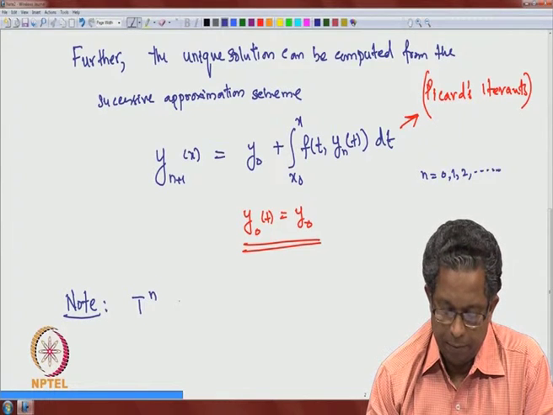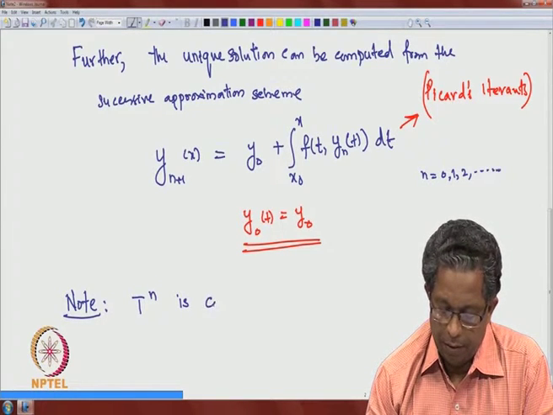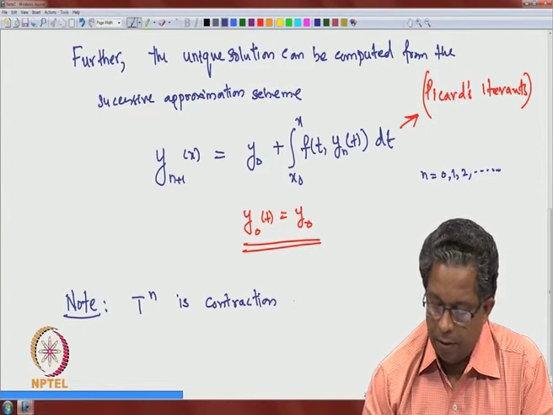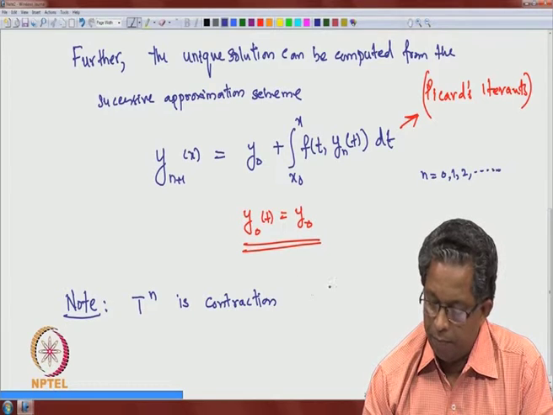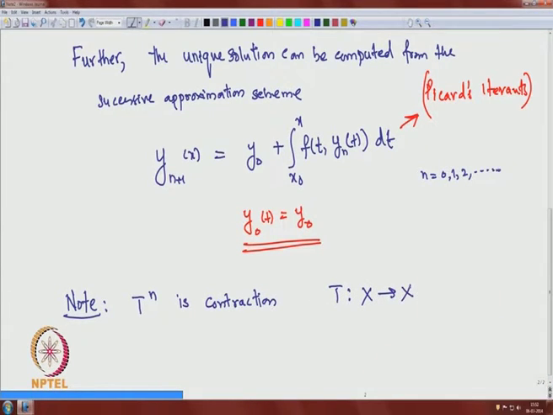If T is an operator from a Banach space X to X, and if T^n is a contraction for some n greater than or equal to 1, then also T has a unique fixed point.